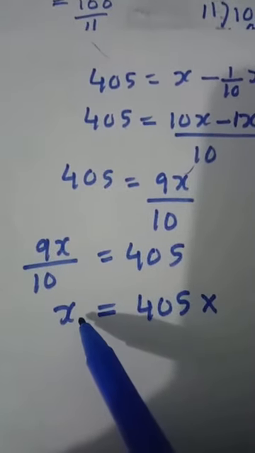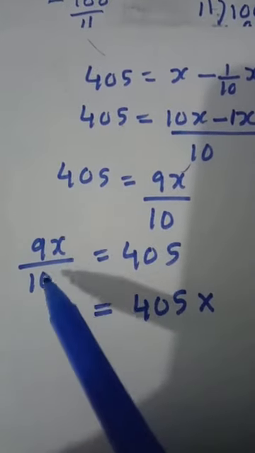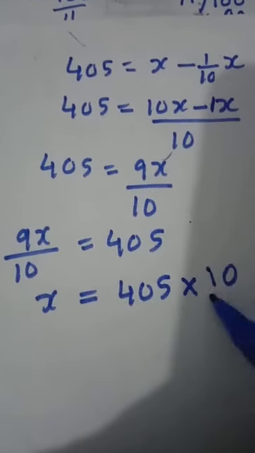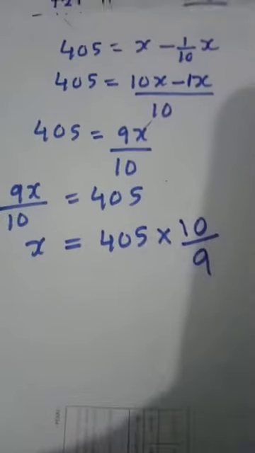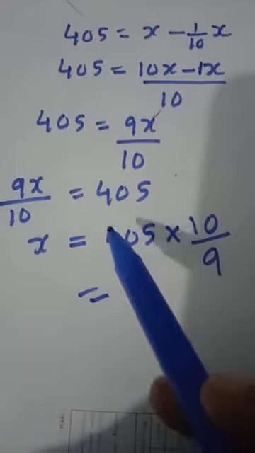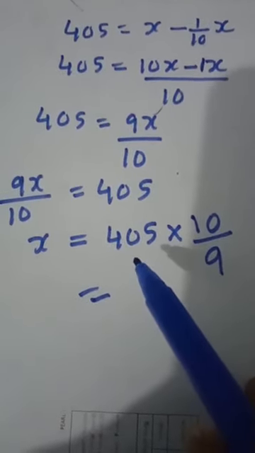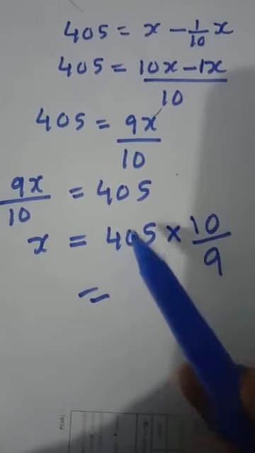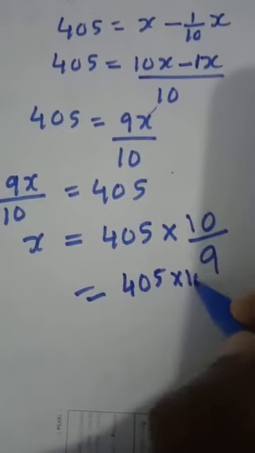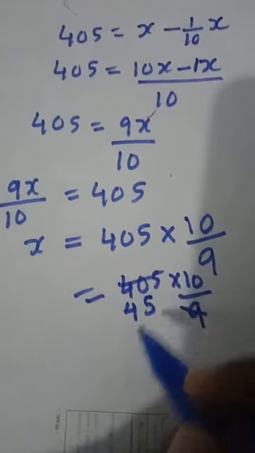We want to find x, which is CP. The 9 by 10 goes to the opposite side, so we take the reciprocal: 405 into 10 by 9. In 405, 1 nine is 9, 4 nines are 36, 5 nines are 45.